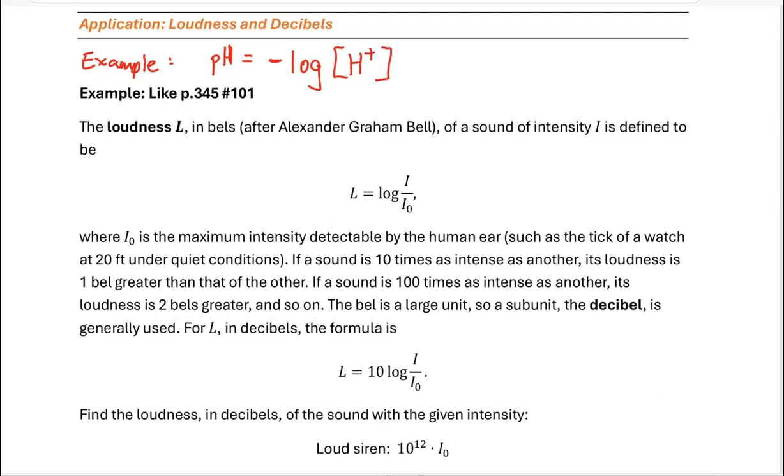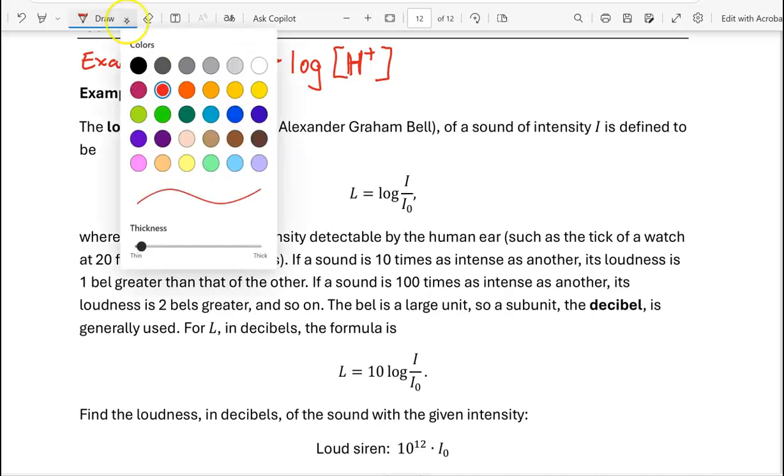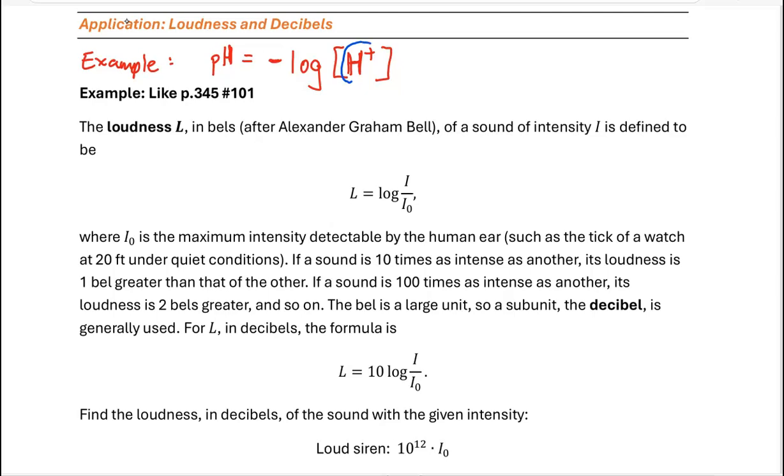Okay, the H plus is like the concentration of hydrogen ions, and this is just a number. And so on that problem, you're given several of these numbers, and all you have to do is plug them in to this formula. Okay, there's several of them, but they're pretty easy.